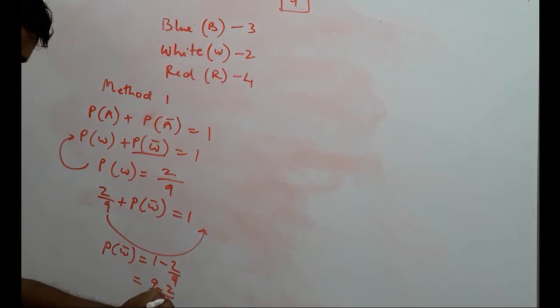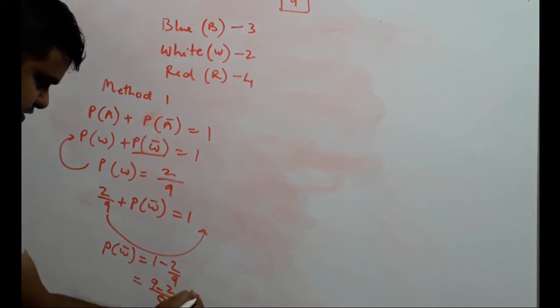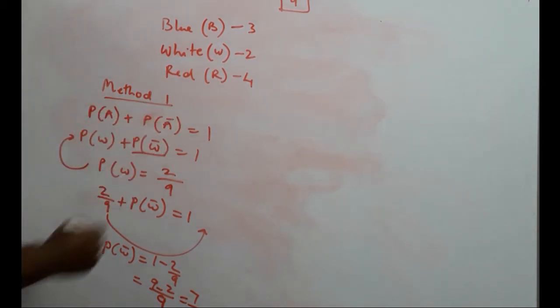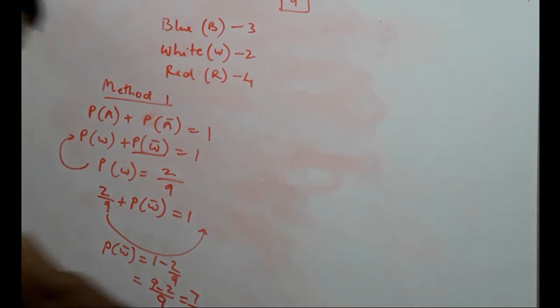If we take the LCM and make the denominator common, we will get 9 minus 2 upon 9, that comes to 7 upon 9. Okay, so that is 7 upon 9. This is method 1. Okay, what is the other method?